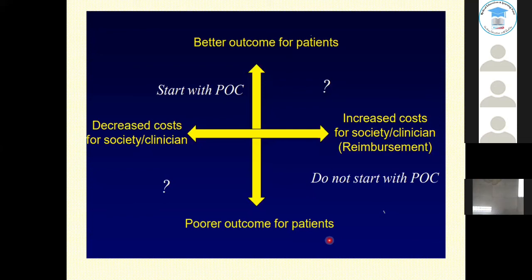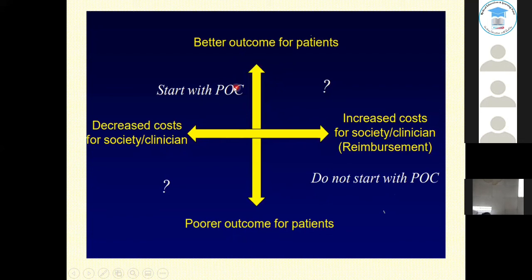So how do you make the outcome for patients better with respect to POCs? Of course, on one side, there's this increased cost, and if you compare it with the poorer outcome, then you do not start with POC. On the other hand, you give a better outcome for the patients.